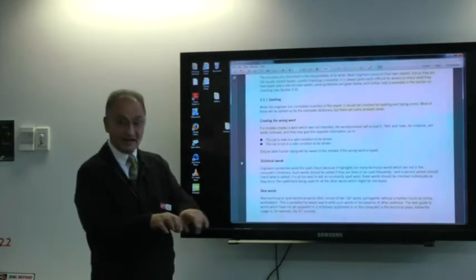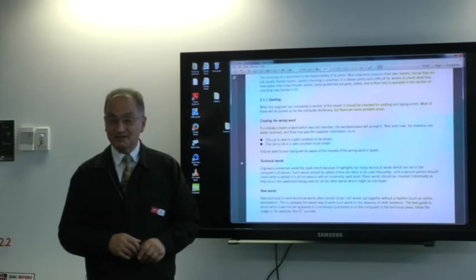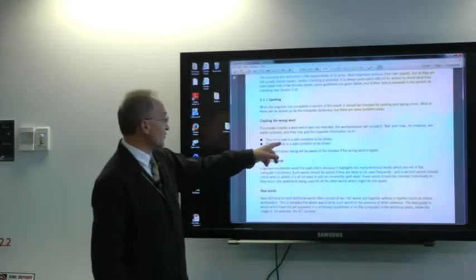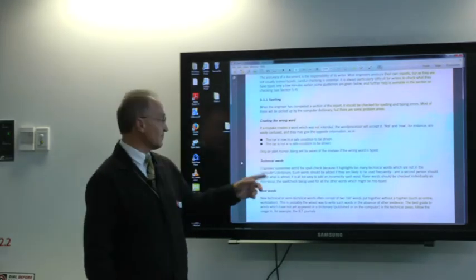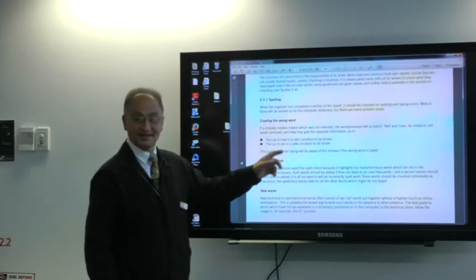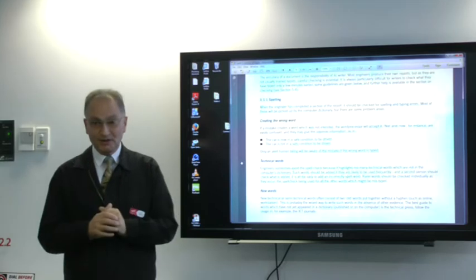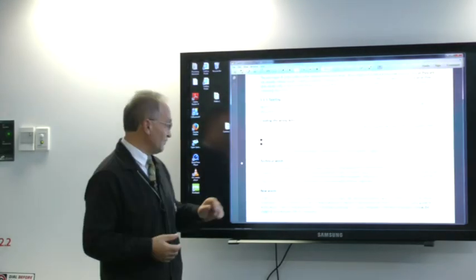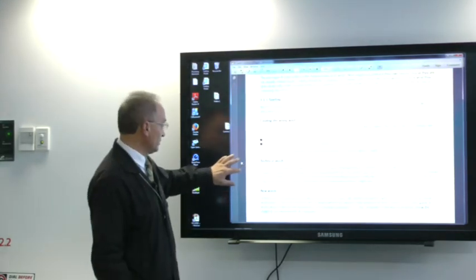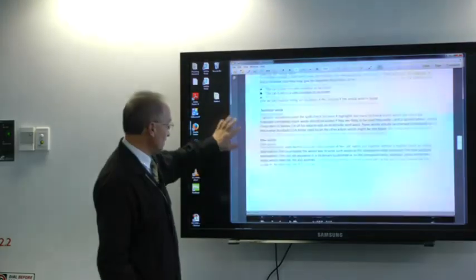So if you have accidentally, in your rush, typed "now" instead of "not", "the car is now in a safe condition to be driven", compared to "the car is not in a safe condition to be driven", mean totally different things. Spell check won't pick it out. So even though you have used spell check, do read through it in case you hit the wrong key.